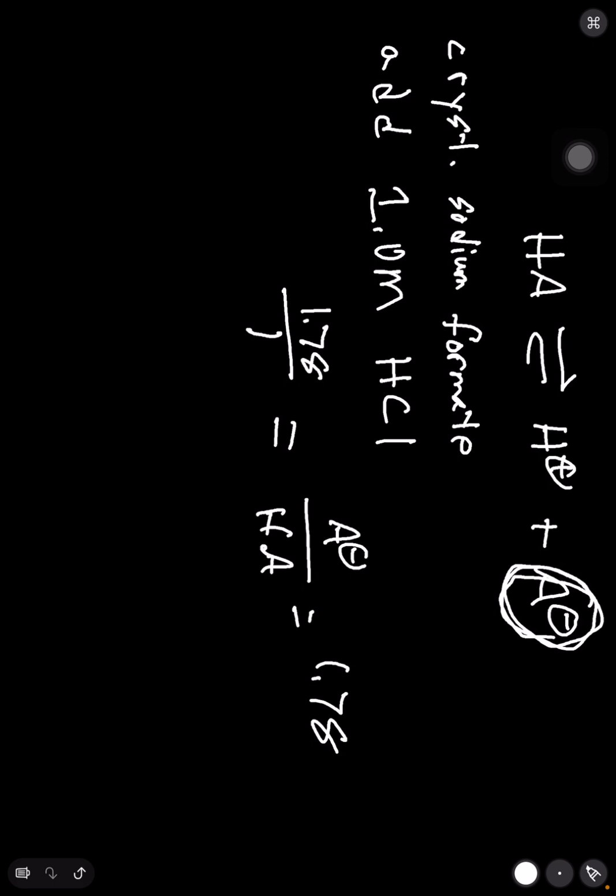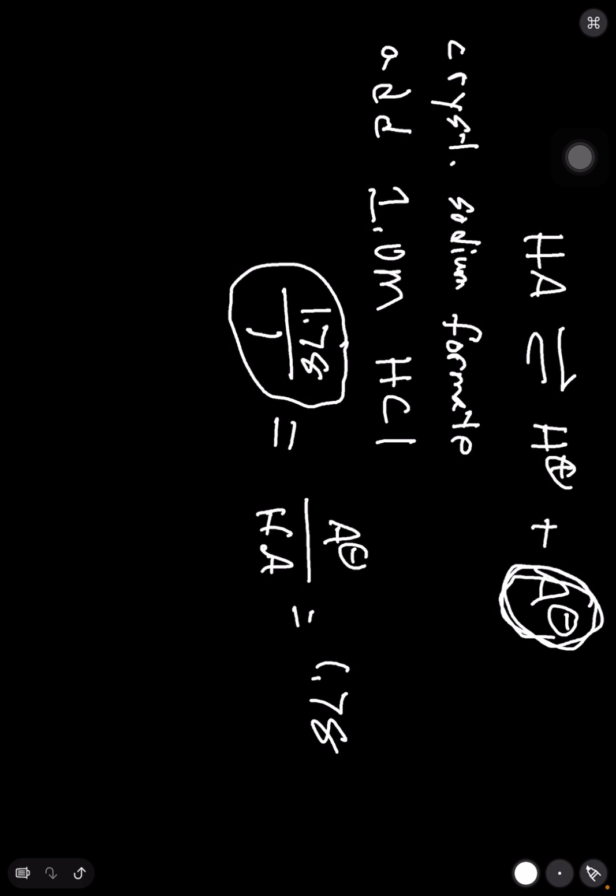All right, so here is a way I like to go about doing this. So look at your ratio, look at your fraction here, all right? 1.78 parts of this is A minus. 1 part of this is HA, so 2.78 total, right?